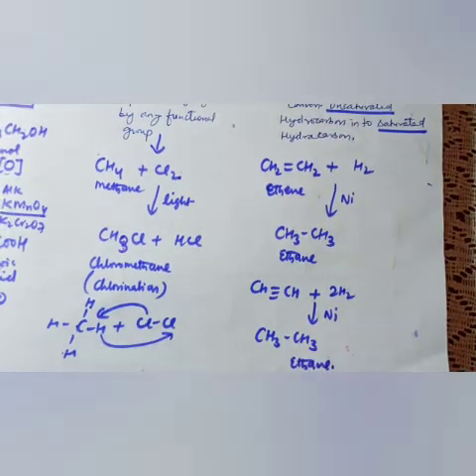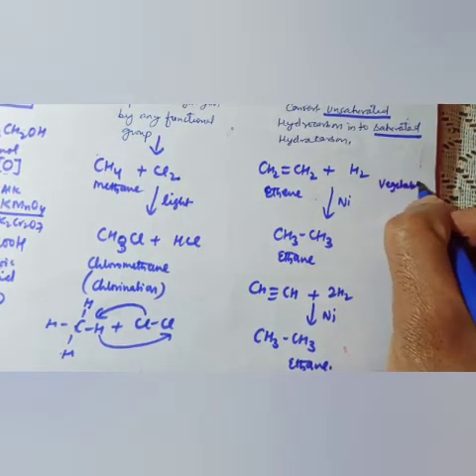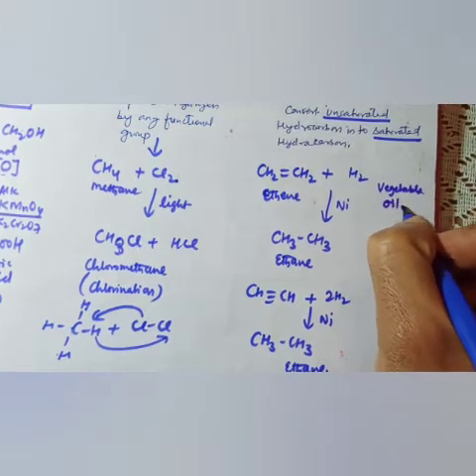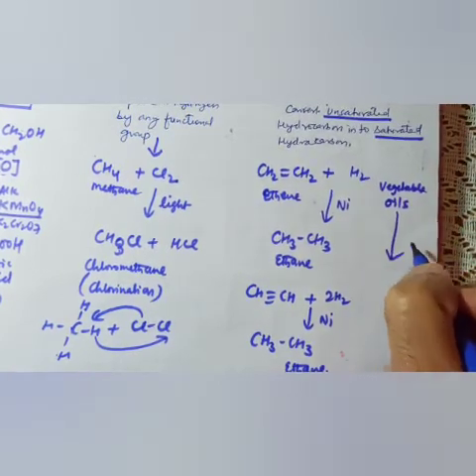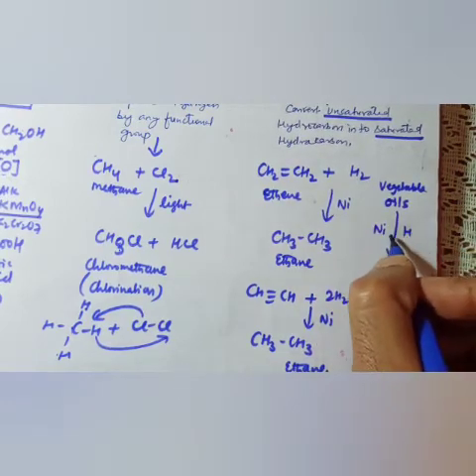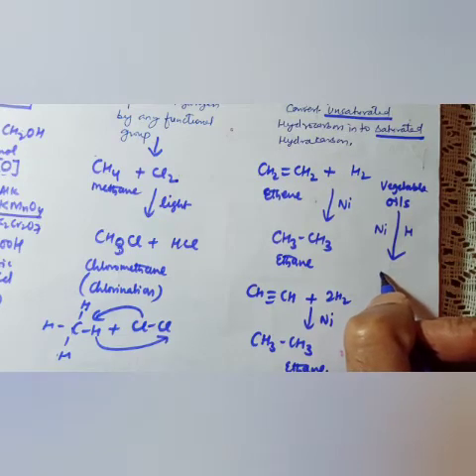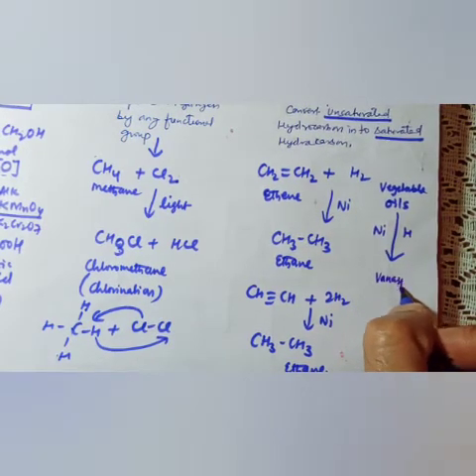Now here, dear students, one thing that I want to tell you: addition reaction is changing unsaturated into saturated. For example, in your home, vegetable oil is there, which when heated in the presence of nickel and in the presence of hydrogen, will convert into Banaspati ghee.